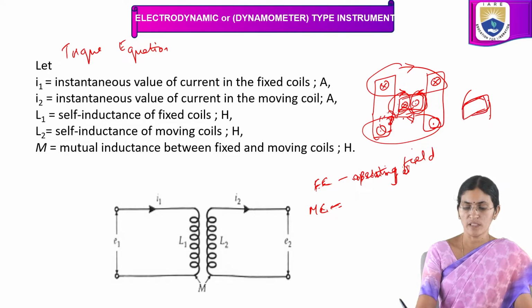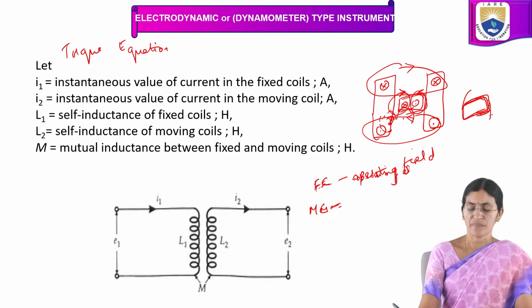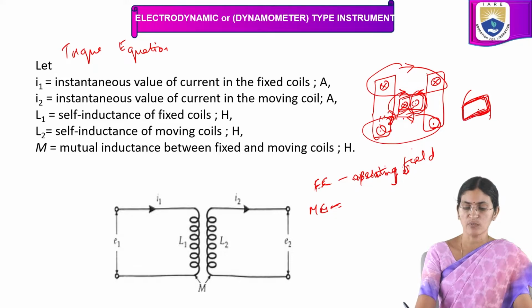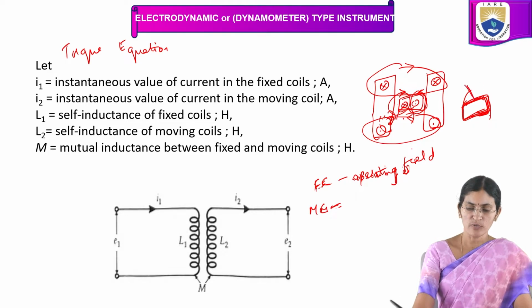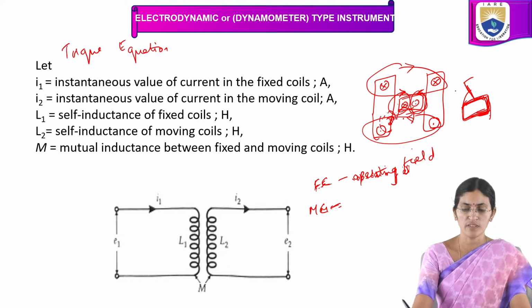As the moving coil rotates, the pointer attached to it will also show the deflection on the scale.